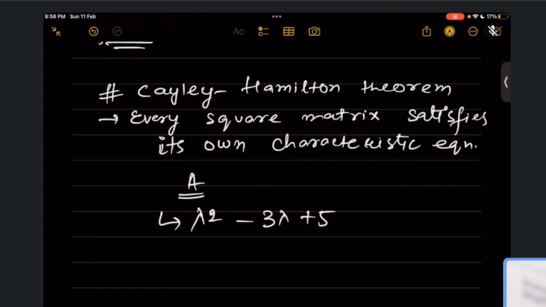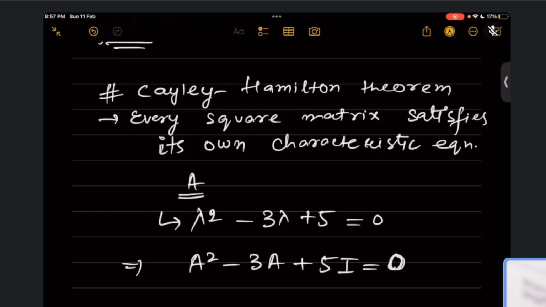This theorem states that if we put the matrix in it, it satisfies it, if it is a square matrix, otherwise it won't. So A square minus 3A plus 5I is equal to the 0 matrix. This is what this theorem states.